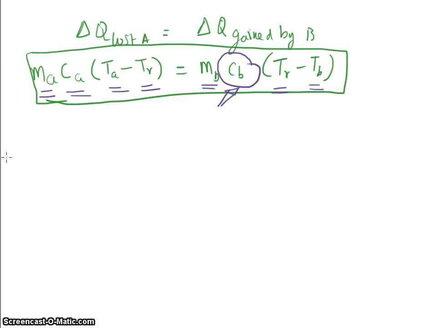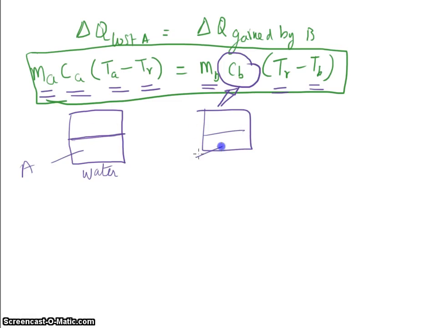Now let's take specific examples. In this particular example, I can take water, and this can be A, and then I can take oil, and this can be B. So I know that for water, Ca is equal to 4.2 kilojoules per kilogram degrees Celsius.